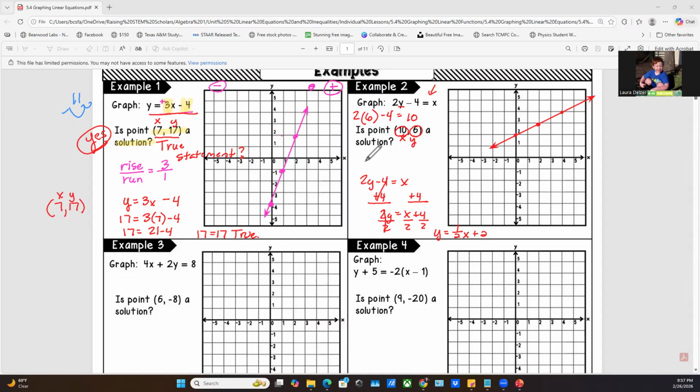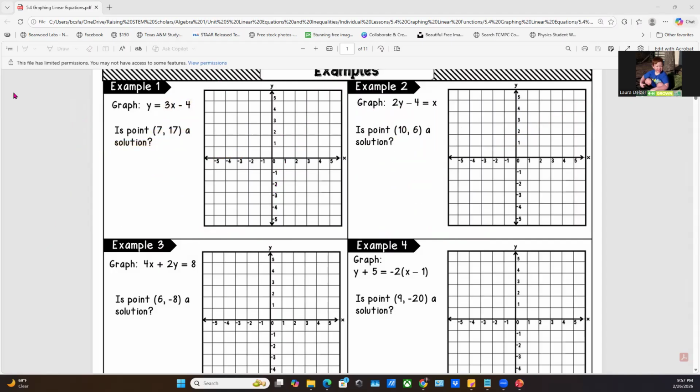Okay, 2 times 6 is 12, minus 4 equals 10. And you can already probably see we got a problem. 12 minus 4 is 8 equals 10. No, this is a false statement, right? This is not a solution. All right, let's go ahead and erase this. Again, if I'm going too fast, pause it.